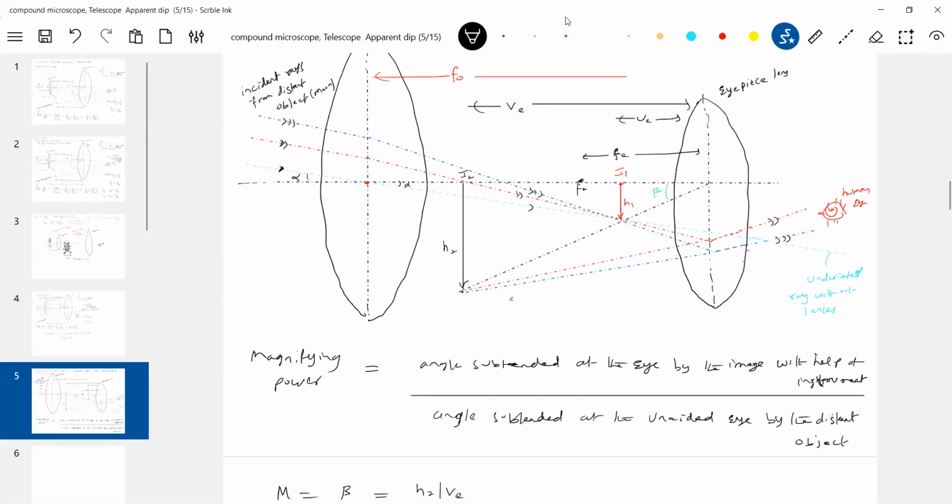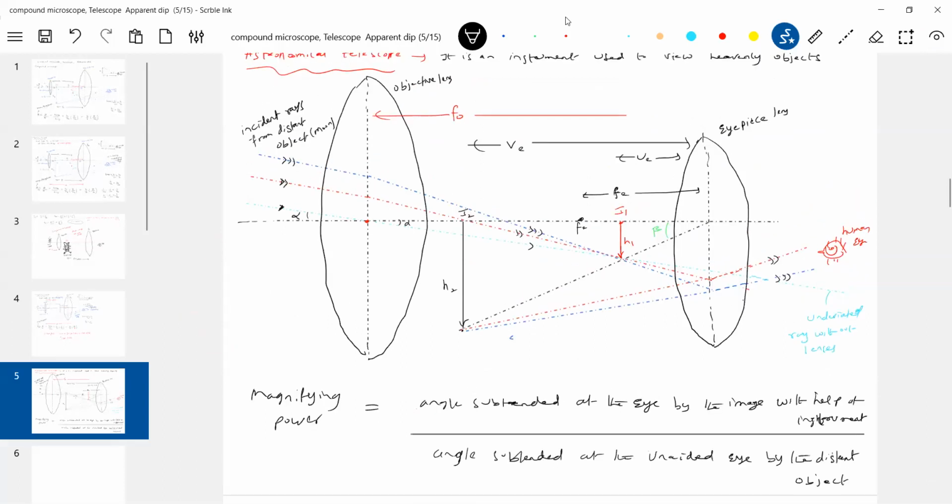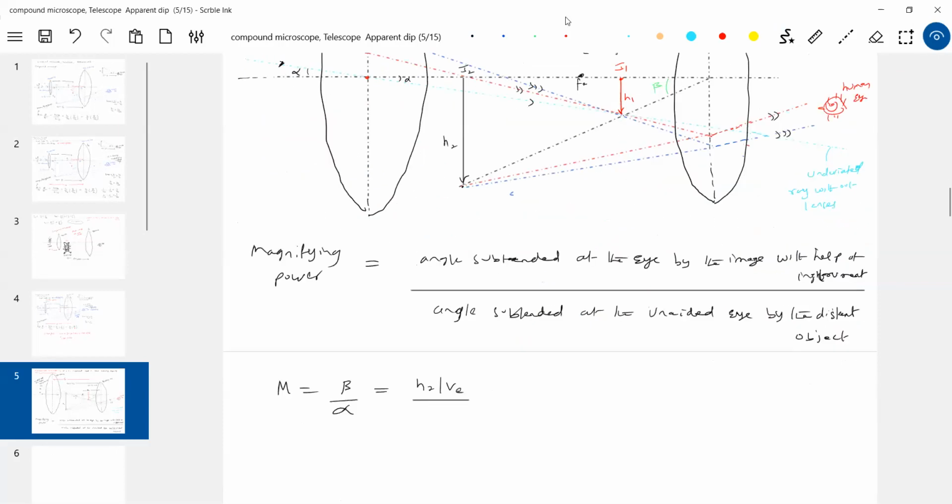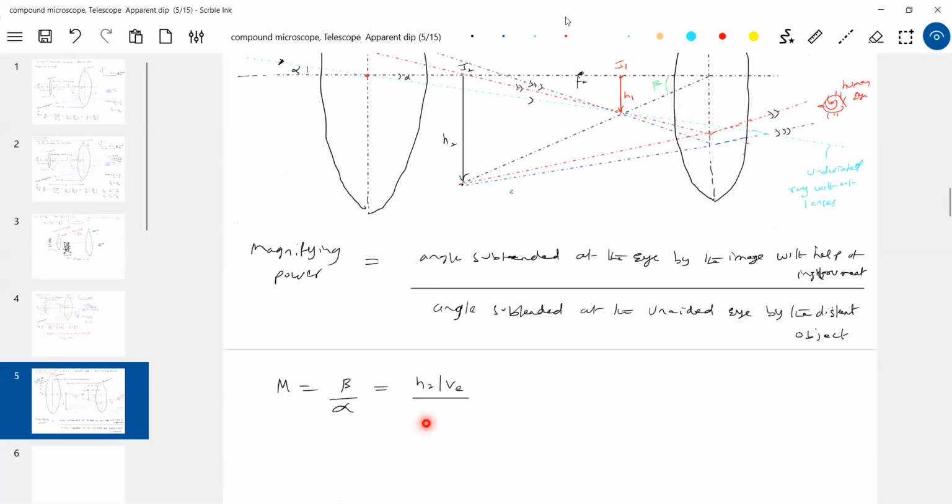So alpha can be written as H1 by F naught, because that's the only thing available here, no? So look at this triangle. Able to make it out? I'm just telling this one. This alpha is H1 by F naught. Okay, then I'll give some small help.